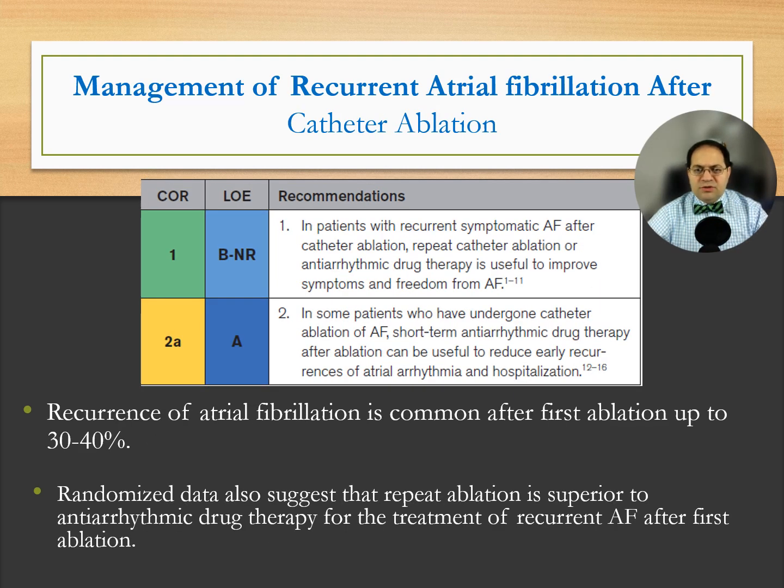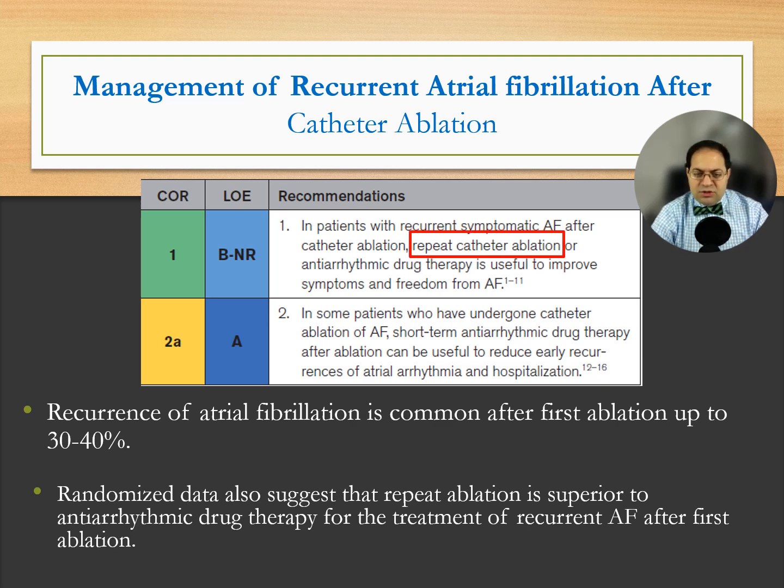Now, in general, the success or suppression of atrial fibrillation is significantly dependent on the substrate and also the left atrial size. One of the important things that we need to remember is that almost 30%, in some cases up to 40%, of patients with the first ablation will come back with atrial fibrillation.